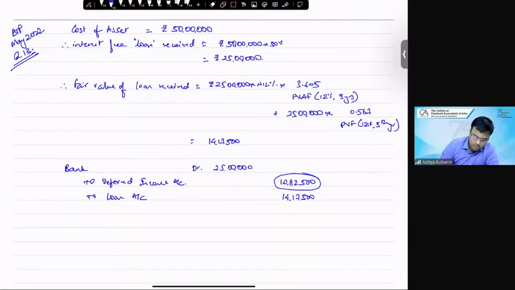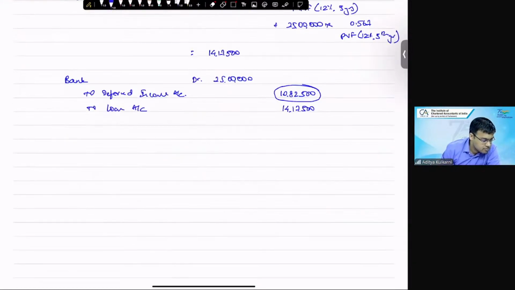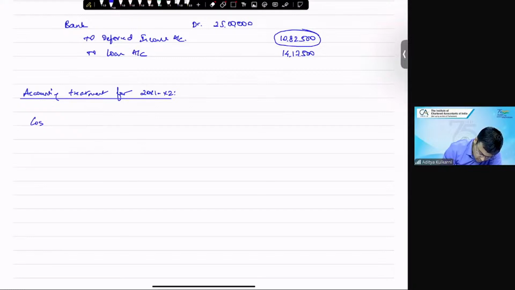Now, accounting treatment for 20x1, x2. Cost of asset.